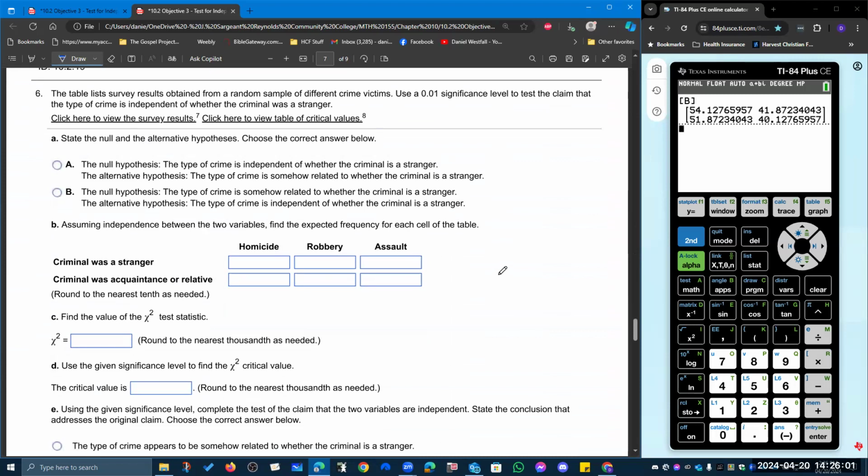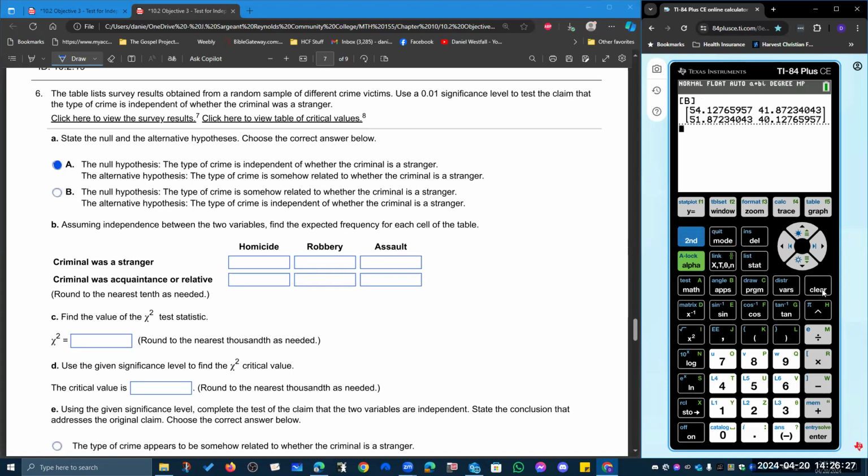Number 6, null hypothesis is testing for independence. Alternative is that there's some relation here. And we now have 2 rows by 3 columns. So I'm going to go into my matrices here, and I'm just going to delete.